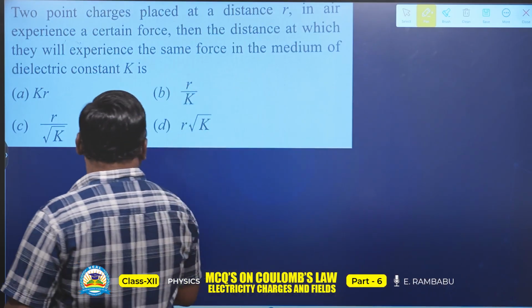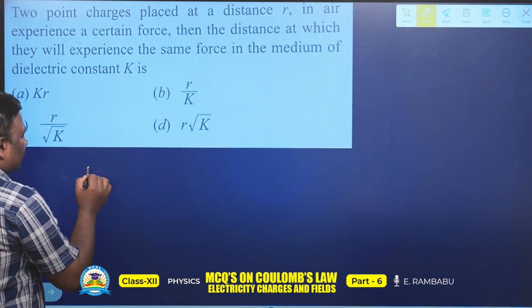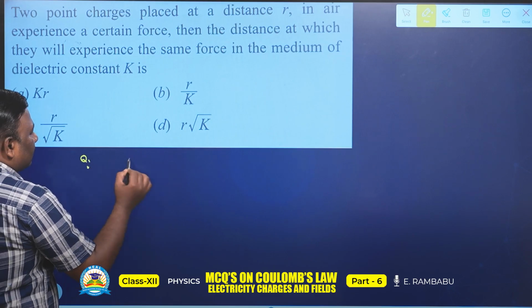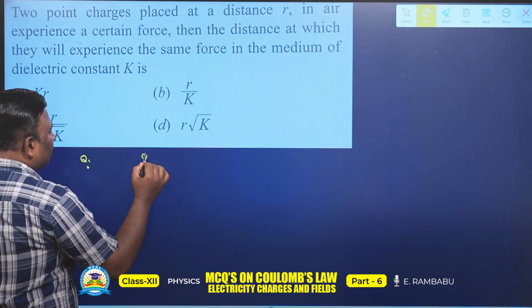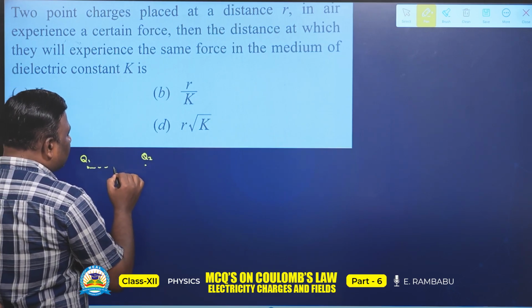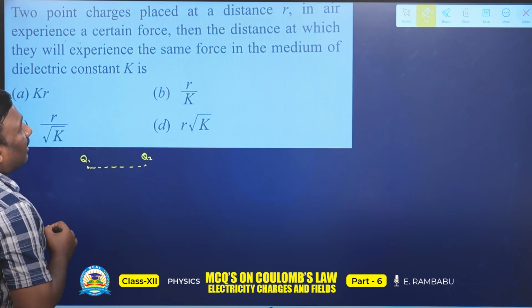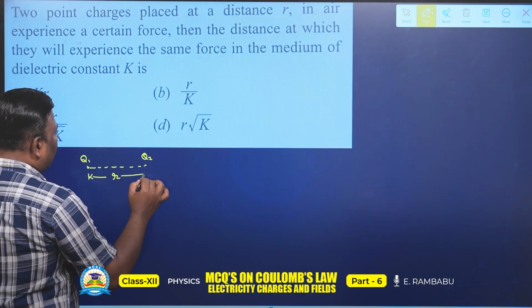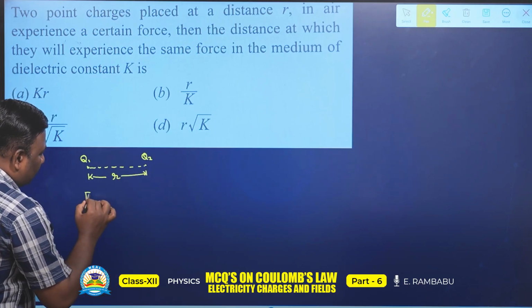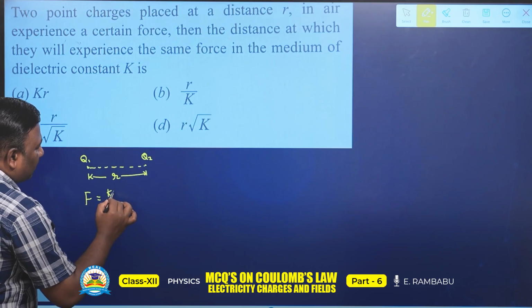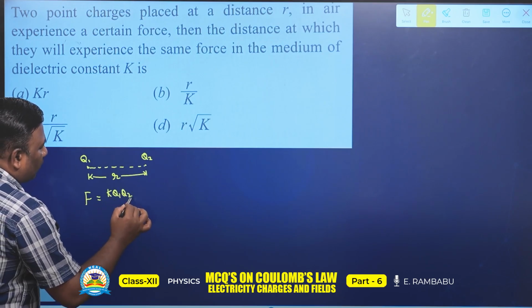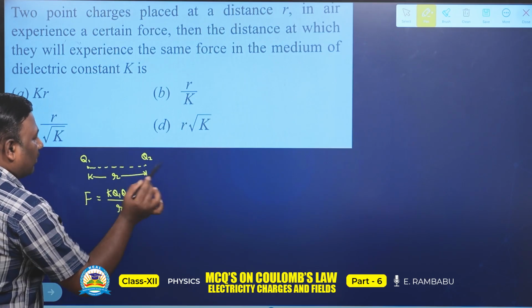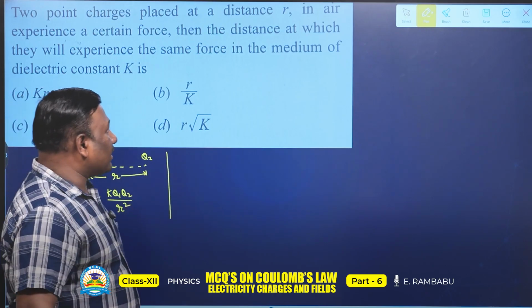For example, I am going to consider two charges, charge Q1 and charge Q2, placed in vacuum or air, and the distance between these two charges can be taken as r. Now the force is F. Force is nothing but K into Q1 Q2 by R square. Okay, this is the first case. See what they gave next.